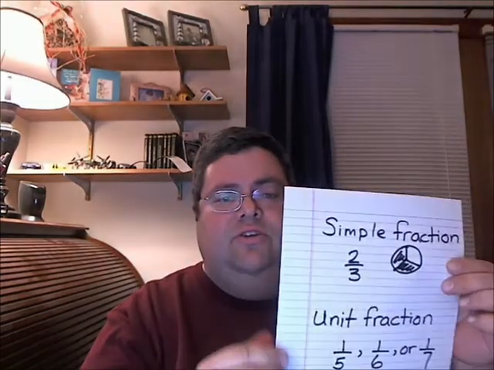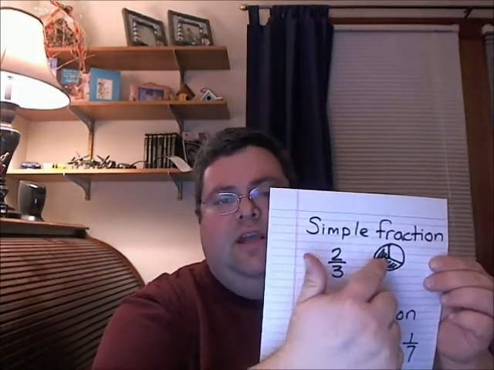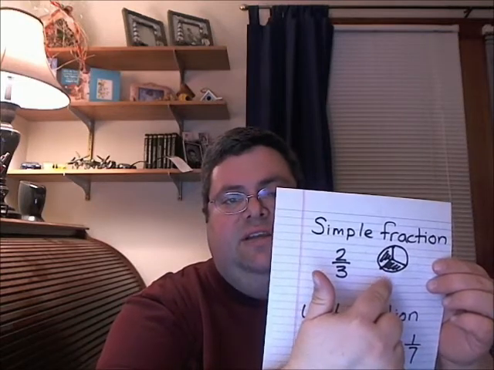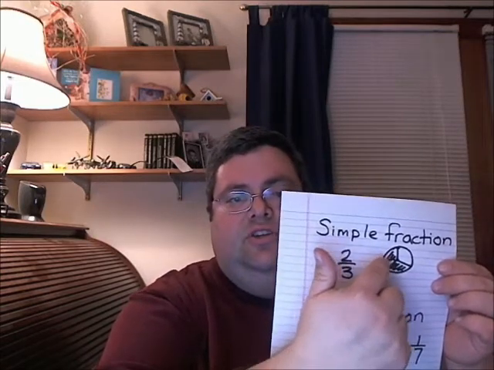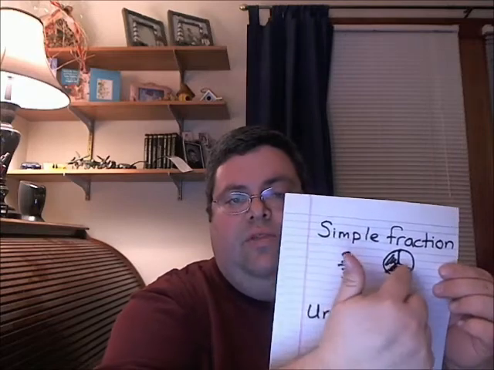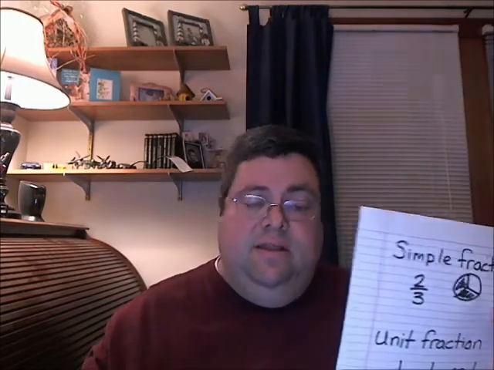So we had the rake, the shovel, and the hoe, and I said, okay, one out of these three is rakes. So 1/3 of the objects are rakes. Well, with a simple fraction, what you're really doing is taking one object and cutting it into pieces. In this case, I cut this object into 2/3, with 1/3 of it being left behind, not used.